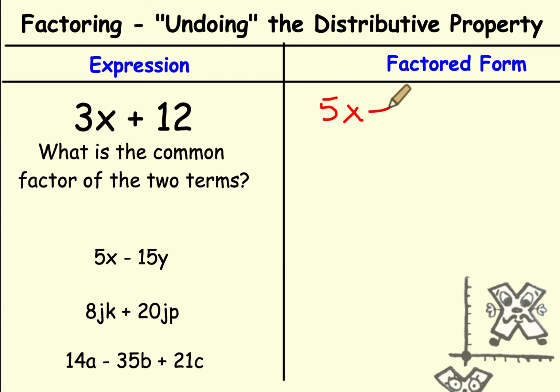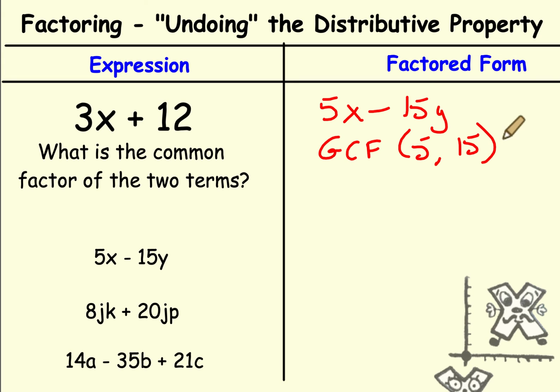Okay, let's try that on some others. So 5x minus 15y. So what's the common factor, or the GCF, of 5 and 15? Well, 5 and 15 are both divisible by 5. So that means that I'm going to take out a 5. Now, if I don't want to use the box, I'm going to keep my minus sign in the middle.